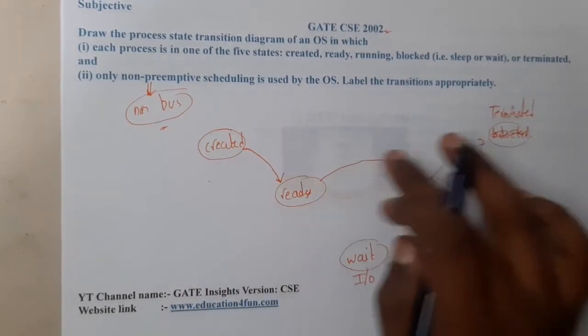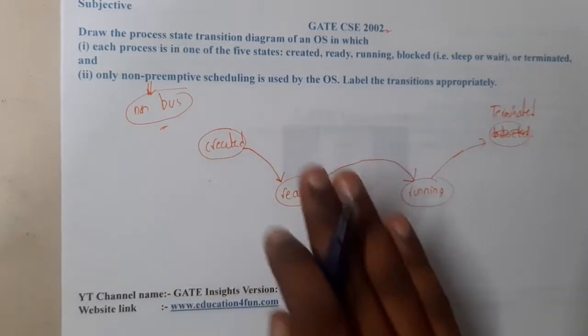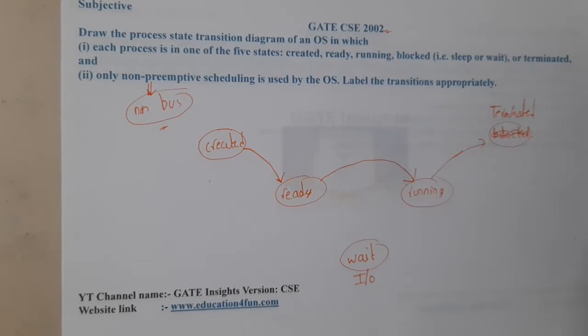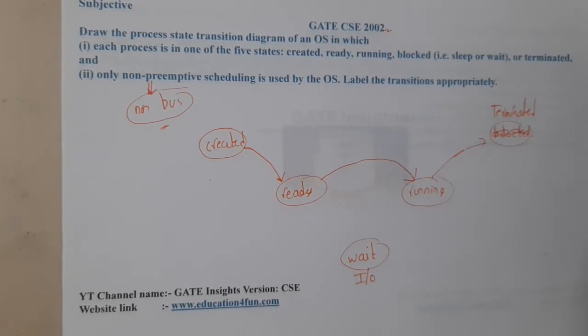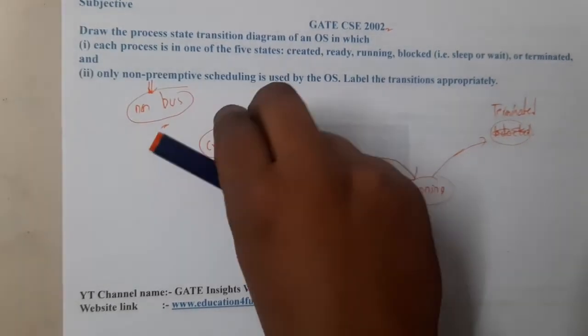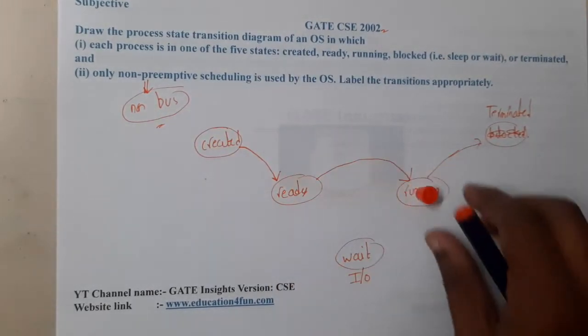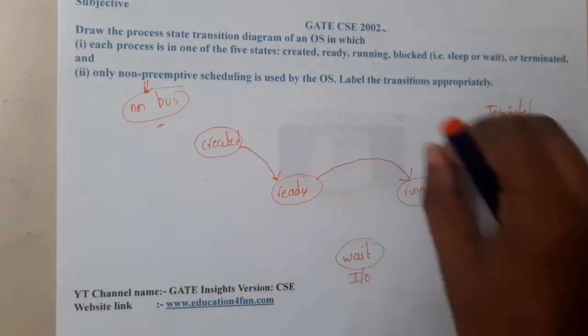So this is the first easy flow: process started, executed, completed. So a process will come, it will be created, move to ready state, move to running state, and then move to terminated state. It's a simple flow, right?